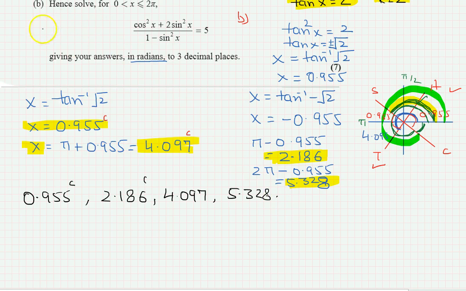So that is the solution for this trigonometrical equation in terms of radians up to 3 places of decimals.